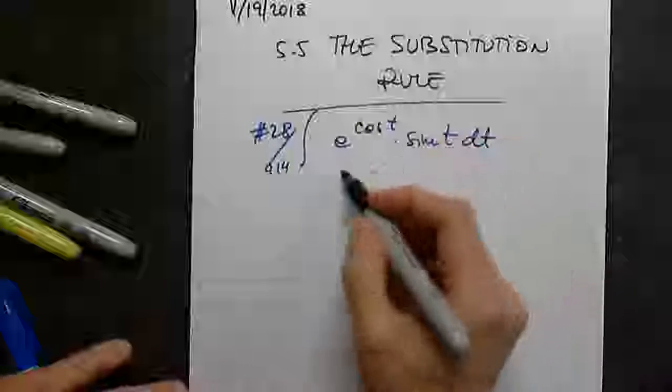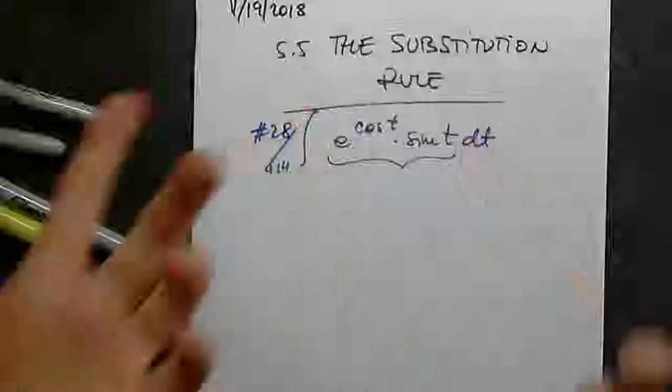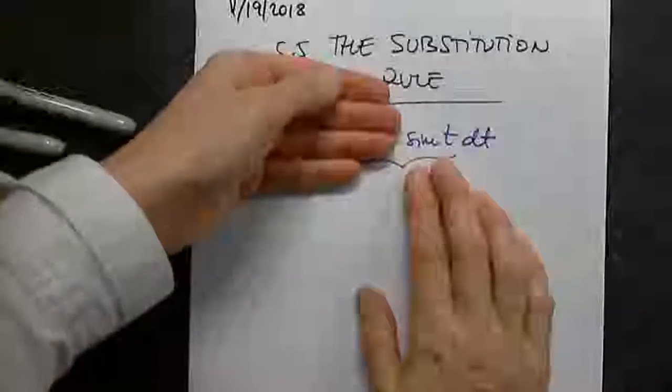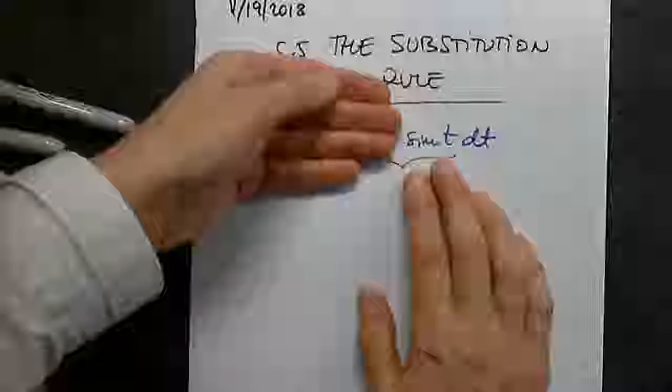So I look at this, I see a function that is made out of a product of two functions. This is not a sophisticated way of thinking about it, but I would like us to establish the basics first. I'm looking at these two functions, and I say to myself, sine t, nice. Pure trig function.